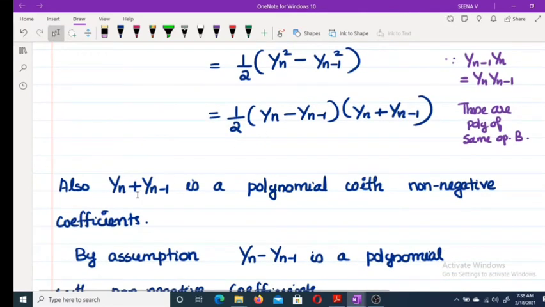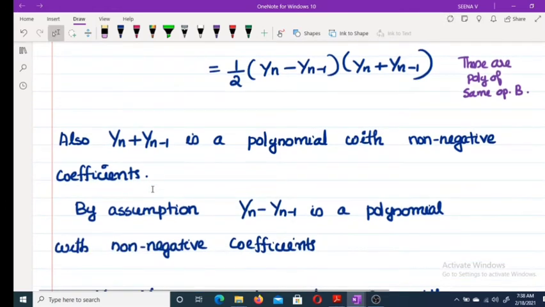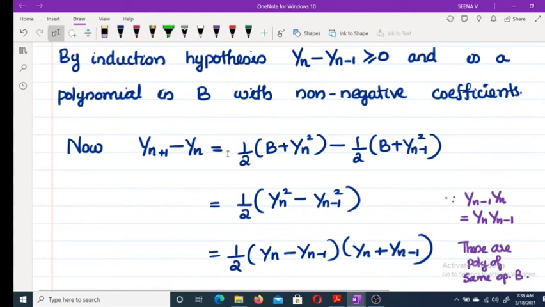Now yn plus yn minus 1 is also a polynomial with non-negative coefficients, because yn is a polynomial with non-negative coefficients, and so is yn minus 1. So if we add these, then yn plus yn minus 1 is also a polynomial with non-negative coefficients. By assumption, we have yn minus yn minus 1 is a polynomial with non-negative coefficients.